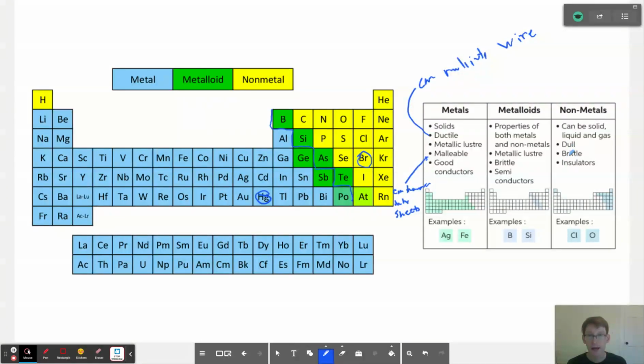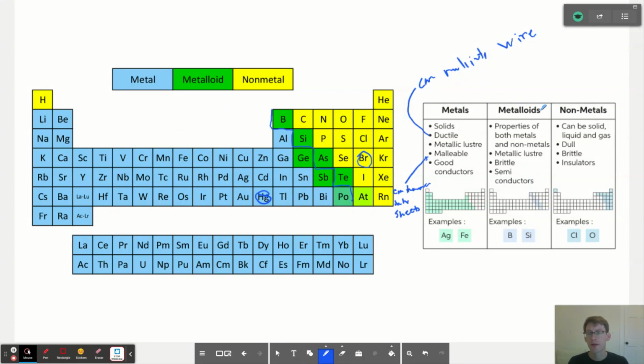They're brittle, you can't hammer them into sheets, and they're good insulators. They don't really conduct heat or electricity very well. They actually insulate from them. And metalloids are somewhat in between. They often will be metallic looking, nice and shiny, but if you hit them with a hammer, they'll break, they'll be brittle. They also are not exactly conductive, but they're not exactly insulators, they'll be semiconductors.